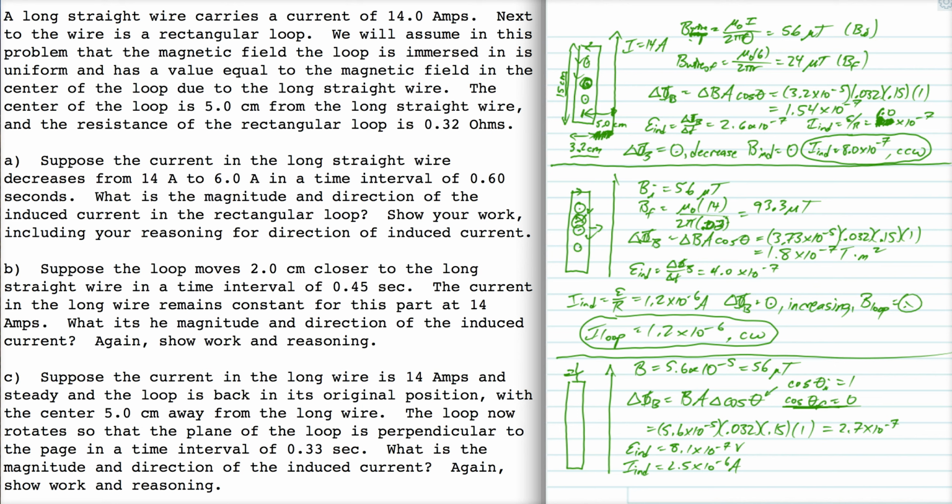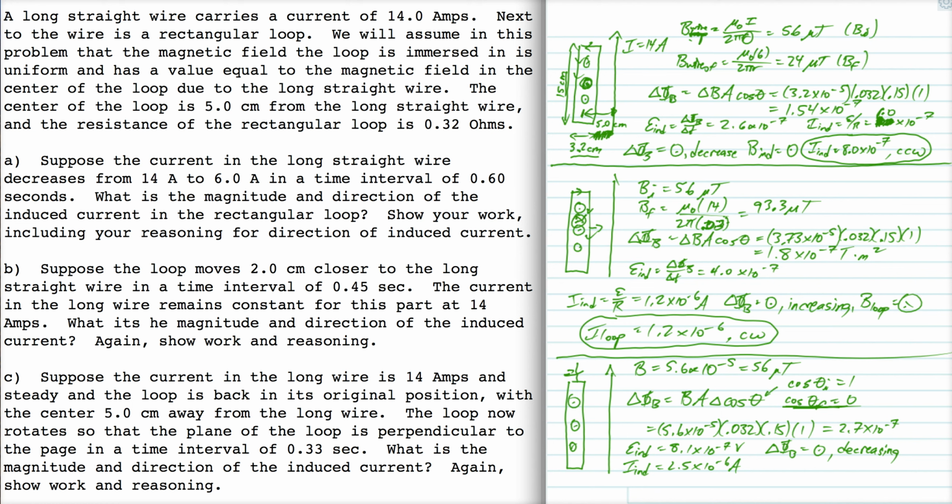Now as far as the flux goes, again, the flux is out of the page initially. And in this case it's decreasing, right? It decreases down to 0. Once the loop is edge on from our perspective, it's not pierced anymore by magnetic field lines.